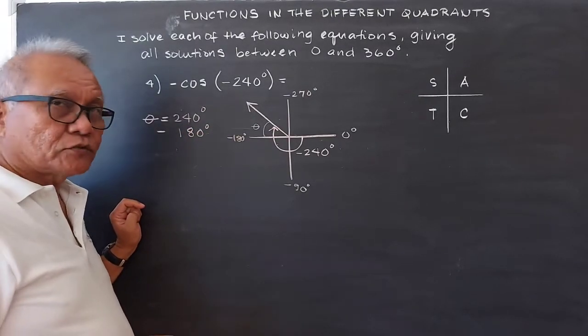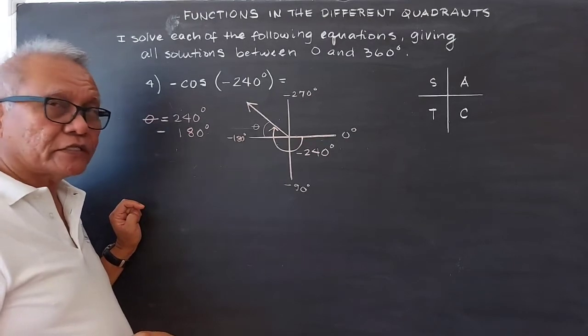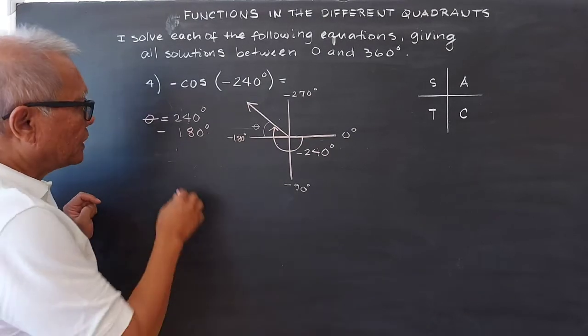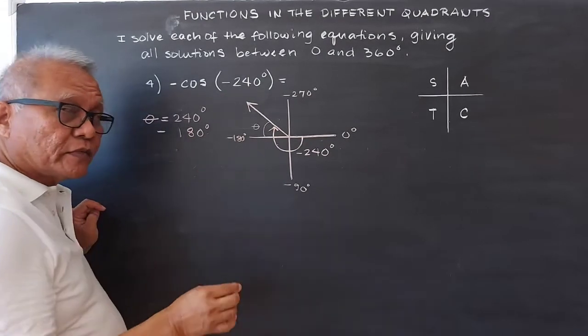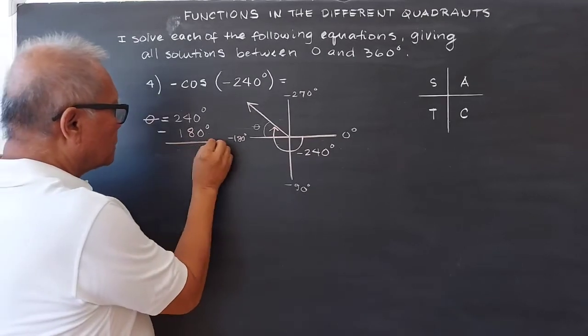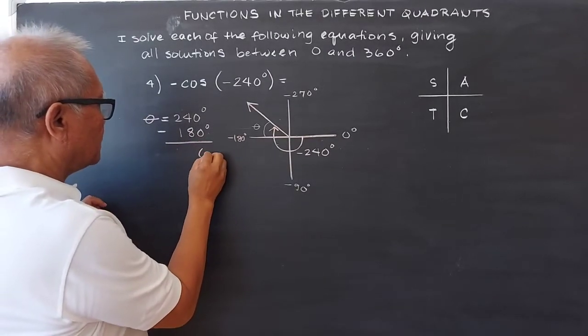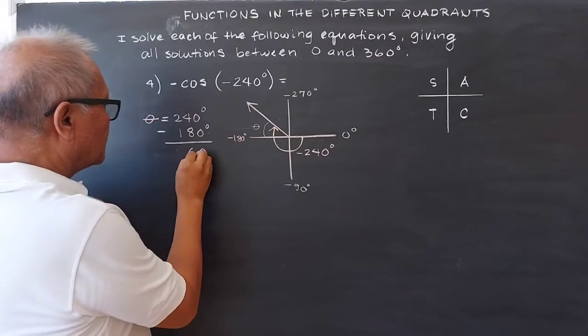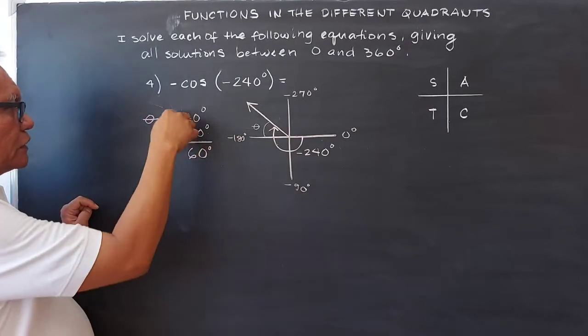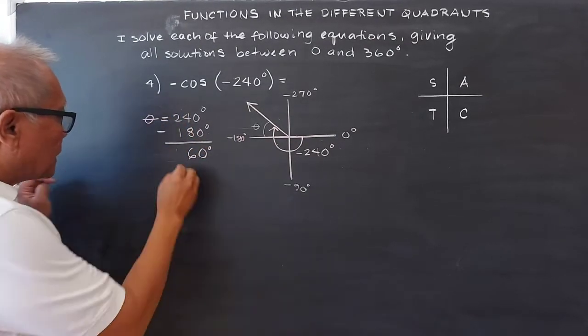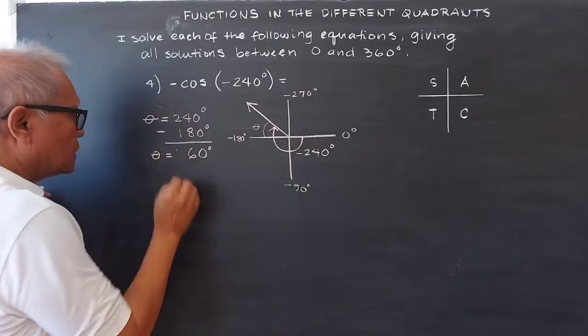We cannot subtract 240 from 180 degrees, it will be negative, so make it positive. The theta must always be positive. So we have 60 degrees. Our theta is 60 degrees.